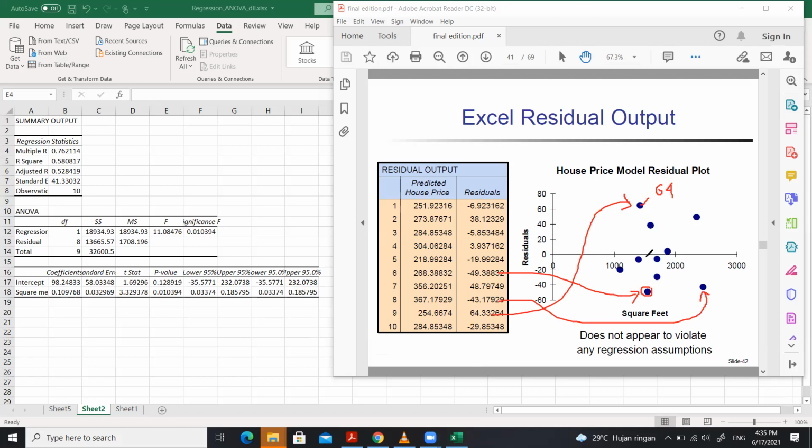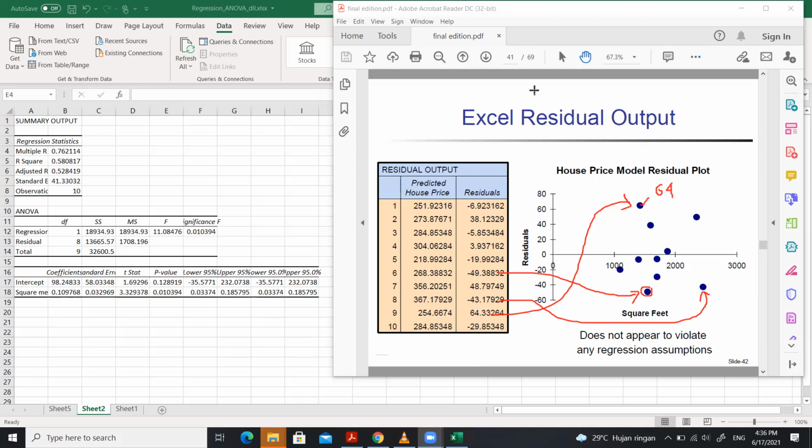Okay, so far, is there any comment or any questions, please? So, sir, this graph is plotting the residual, right? Not the prediction. Yes.